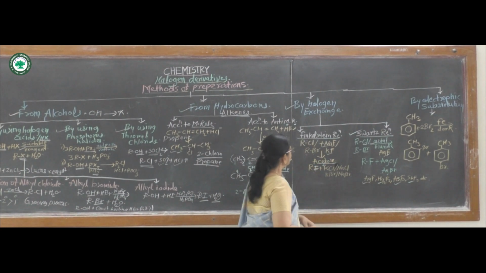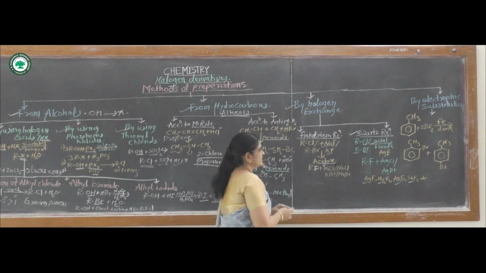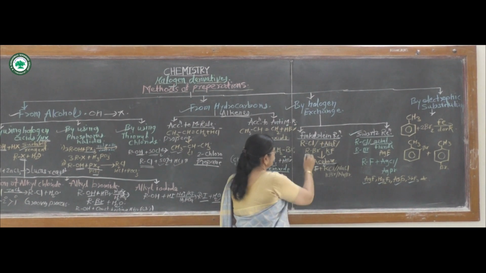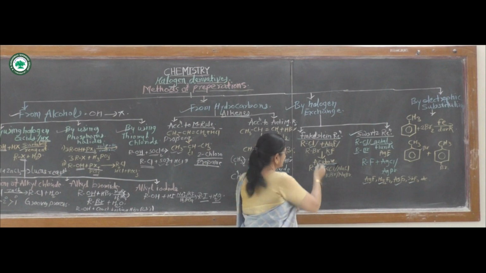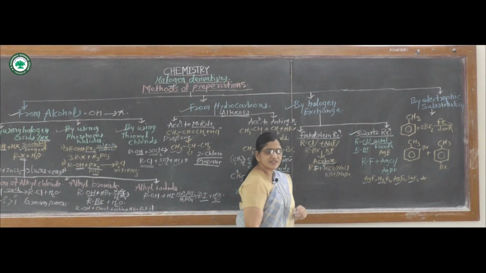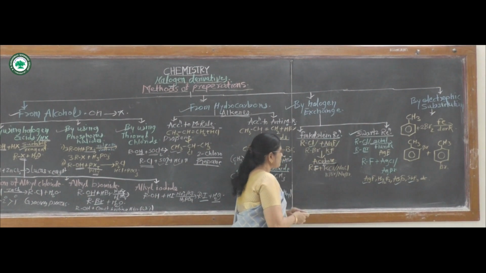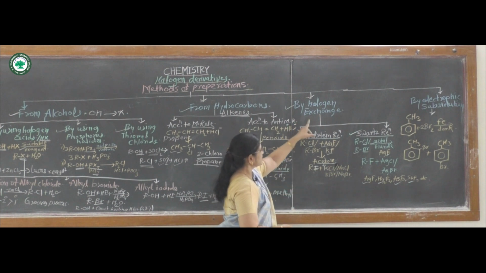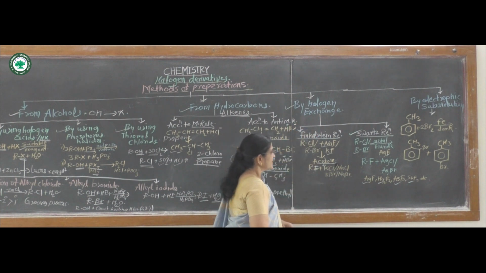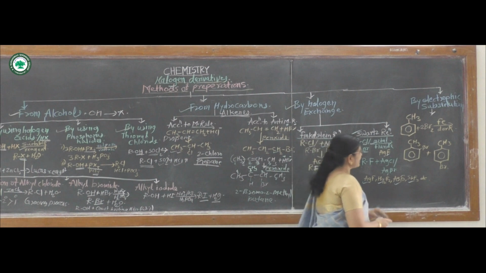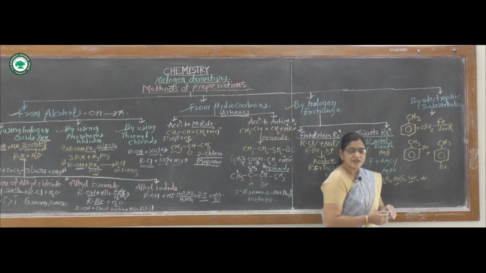In this way, there is the third method, by halogen exchange. In this reaction, one halogen atom gets replaced by another halogen atom, hence such a reaction is called a halogen exchange reaction.